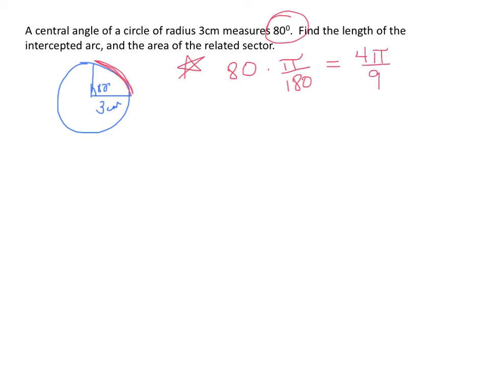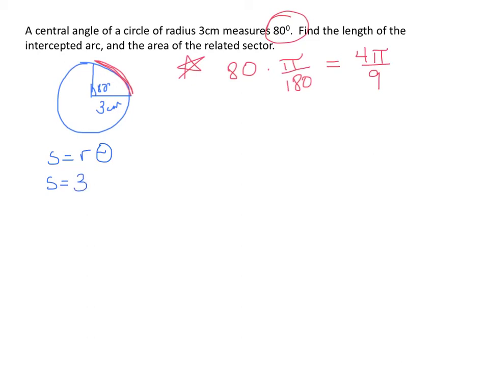I will not accept answers that are in decimal form and rounded. I want your radians to be given in terms of pi unless I specifically state otherwise. So now we have something that we can work with. And I need arc length. Formula for arc length, s is equal to r times theta.